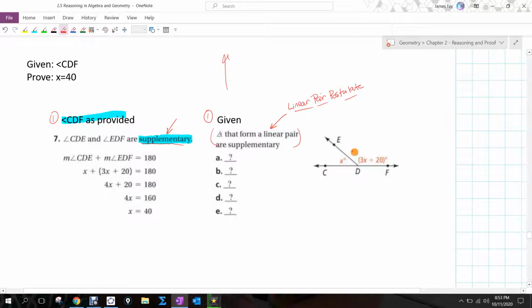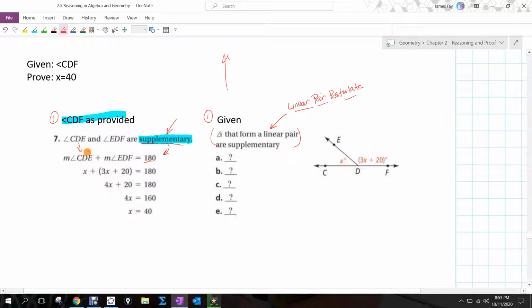They're a linear pair. So now that I've introduced a vocabulary, whether I'm given the vocabulary at the onset or I introduce it at any point, I then have to tell in the coming step, what does that vocabulary word really mean to me? Well, if I have two angles that are supplementary, by definition, it means those angles add up to 180 degrees.